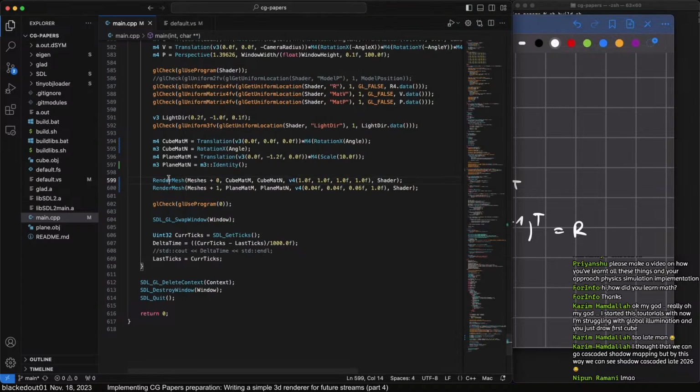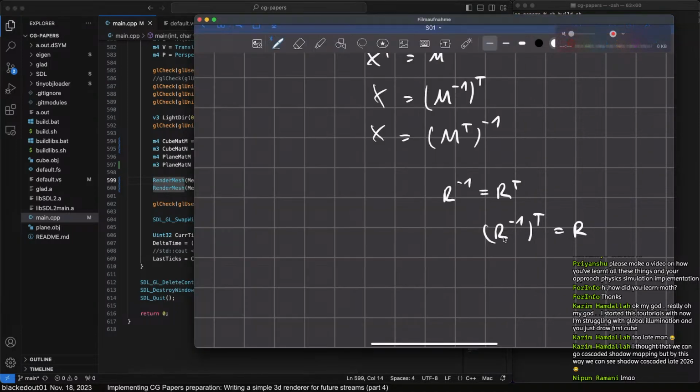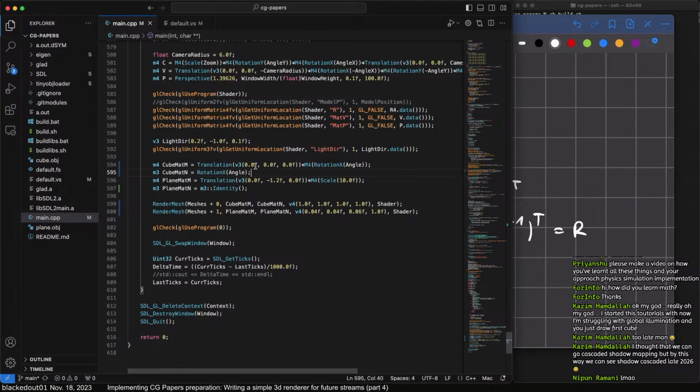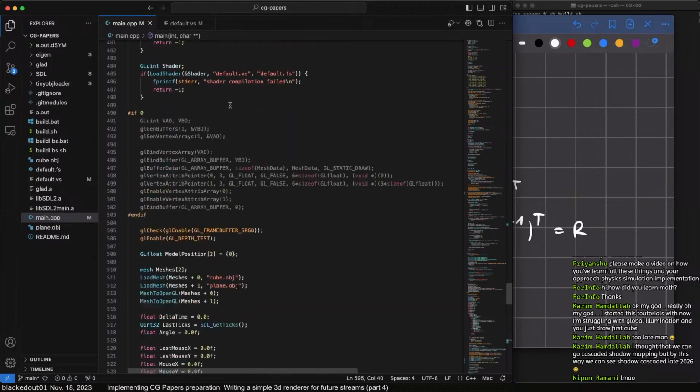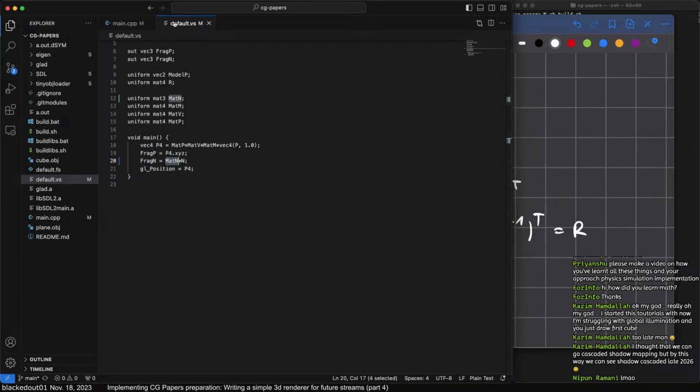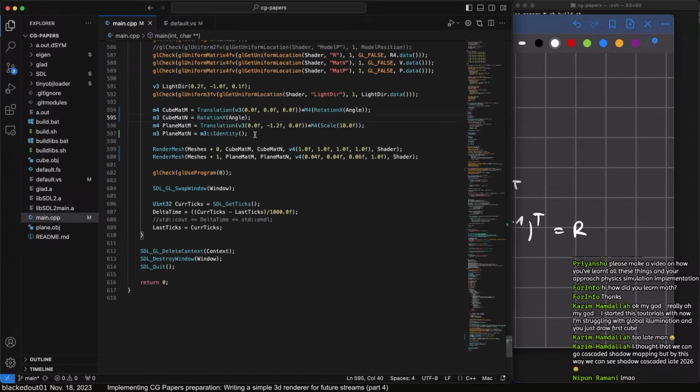But in general, you would need to do this. I think that should work.